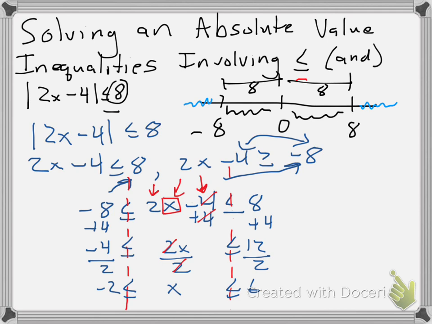If you notice here, we can definitely see that this is an inside inequality. So we put our two numbers: our smaller number, which is negative 2, and our bigger number on this side, which is 6. We see these are both less than or equal to, so they're going to be included. That means we have a closed circle.